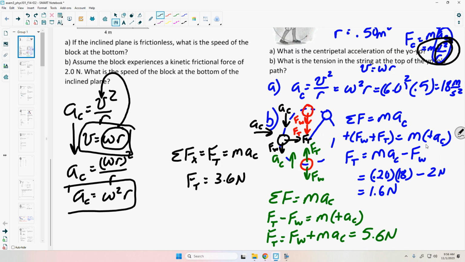My smallest tension was 1.6, my biggest tension was 5.6, and then on the sides, it's just mv squared over r, 3.6. Okay? I know that you look a little bit like deer in the headlights, but you have 5 days or so to practice it. Make sure that you can do it. There is at least one instance of this problem in fall 22.